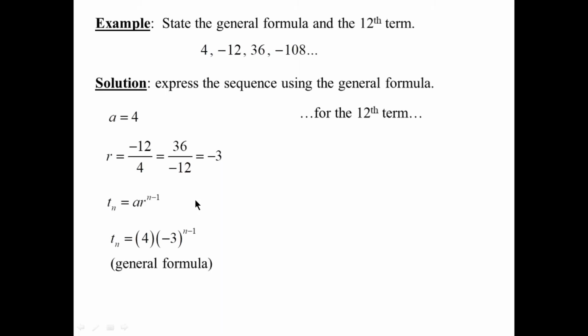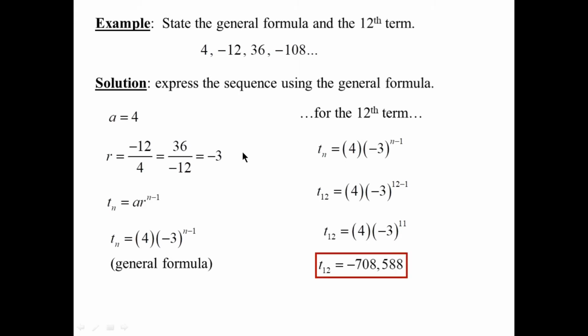That's our general formula. And for the 12th term, well, we'll sub in 12 for n, and we'll get 11. And so it's 4 times, and then we need to figure out -3 to the 11th first, and then multiply by 4. Of course, a calculator will do that.